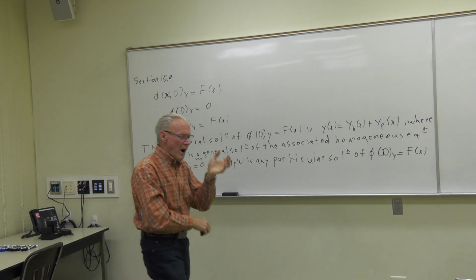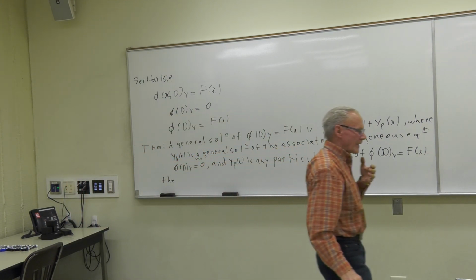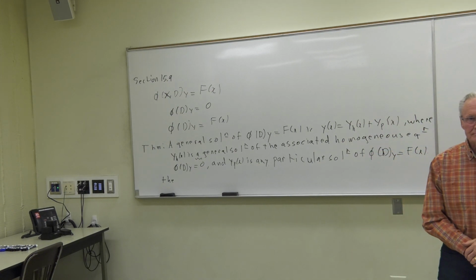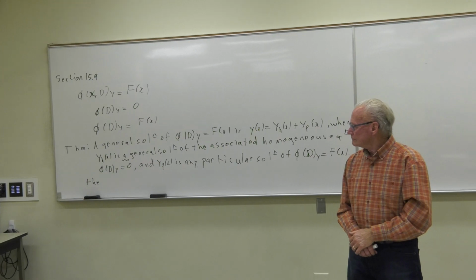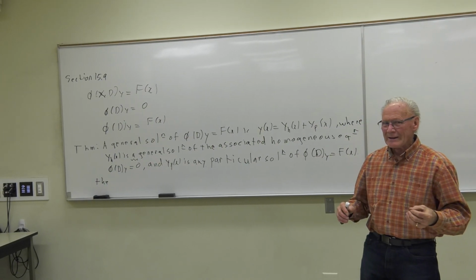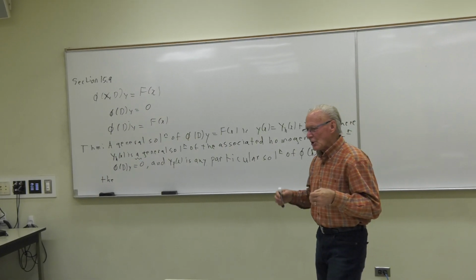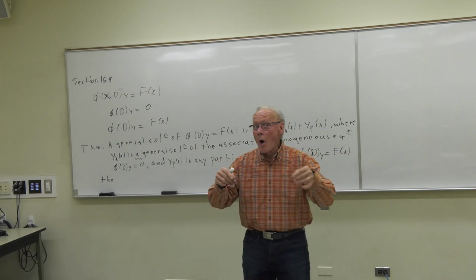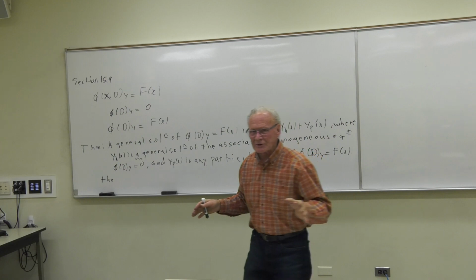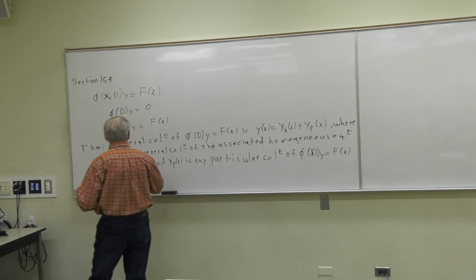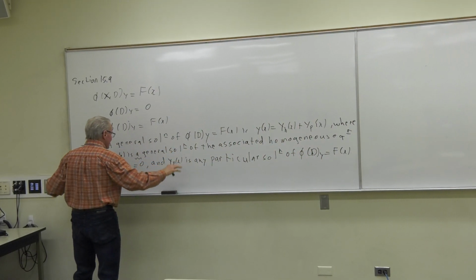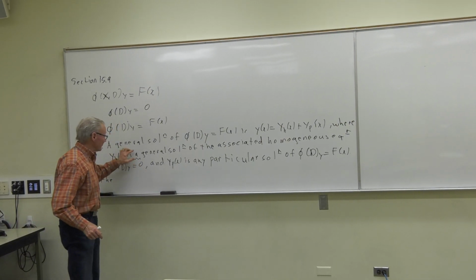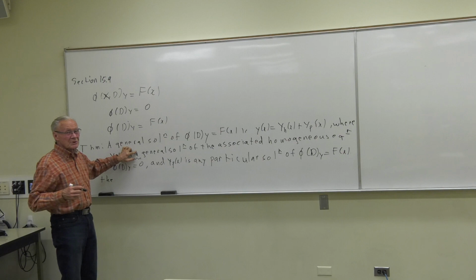Can you think of why I prefer the word a as opposed to the word the? To me, the word the somehow suggests uniqueness, that it is the one and the only general solution. And that's not true. You give me any differential equation, and I can produce an infinity of general solutions. So that's why I prefer the word a as opposed to the word the.